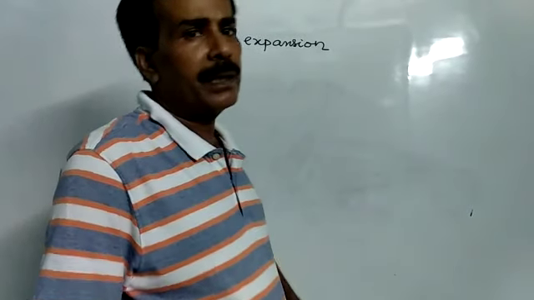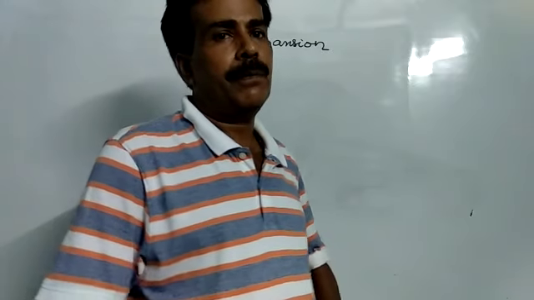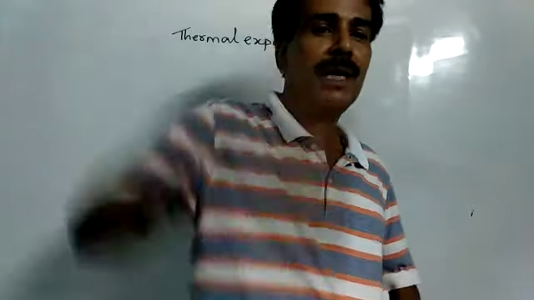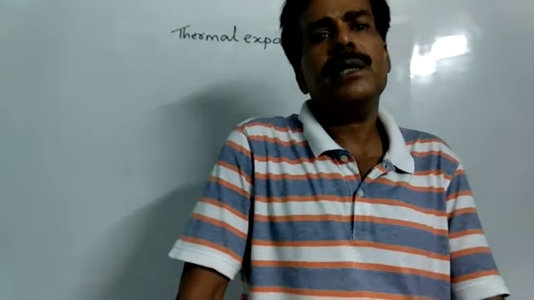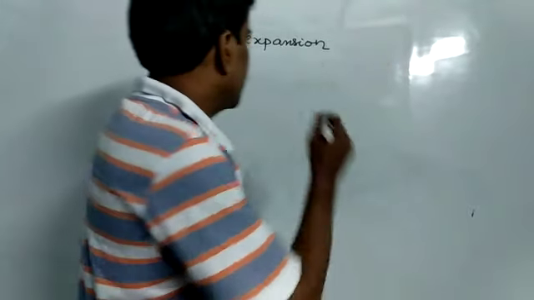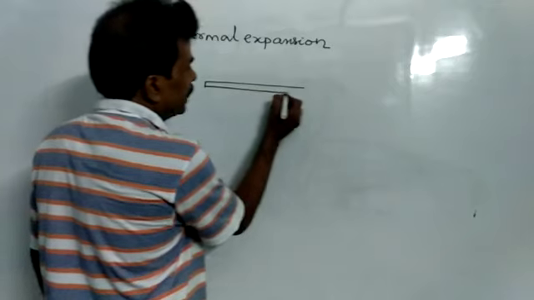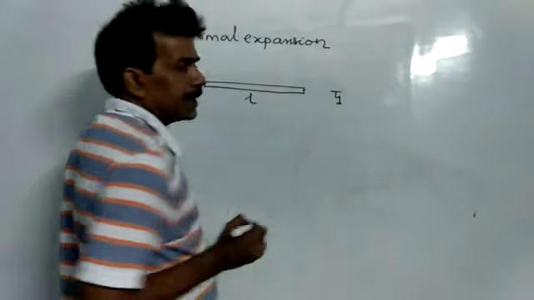Suppose at temperature T1 degree centigrade, the length of a rod is L. When the temperature is increased, what will happen? Its length will increase. Consider this metallic rod of length L at temperature T1 degree centigrade.